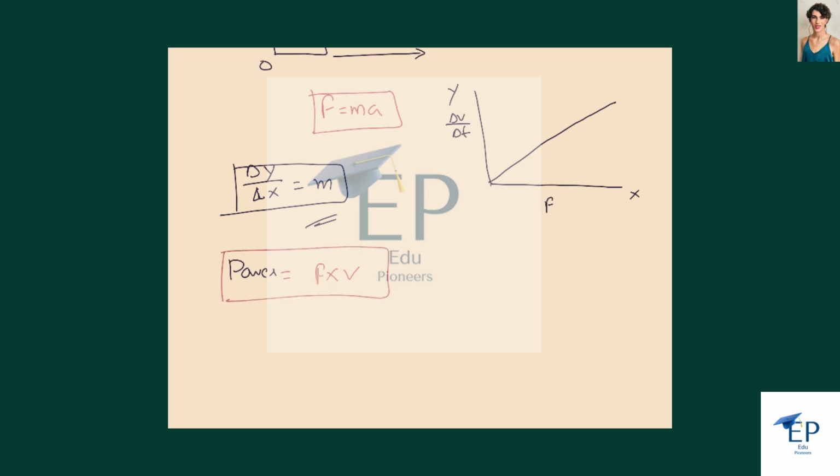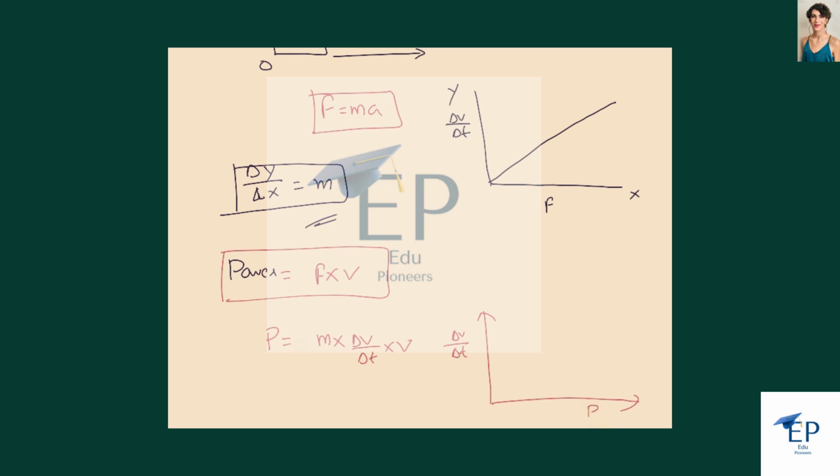So force equal to ma, so we can write m times delta v by delta t times v. Here we can just draw the graph, and this is the delta v by delta t, that is the acceleration here, or v itself. So this will be the power.